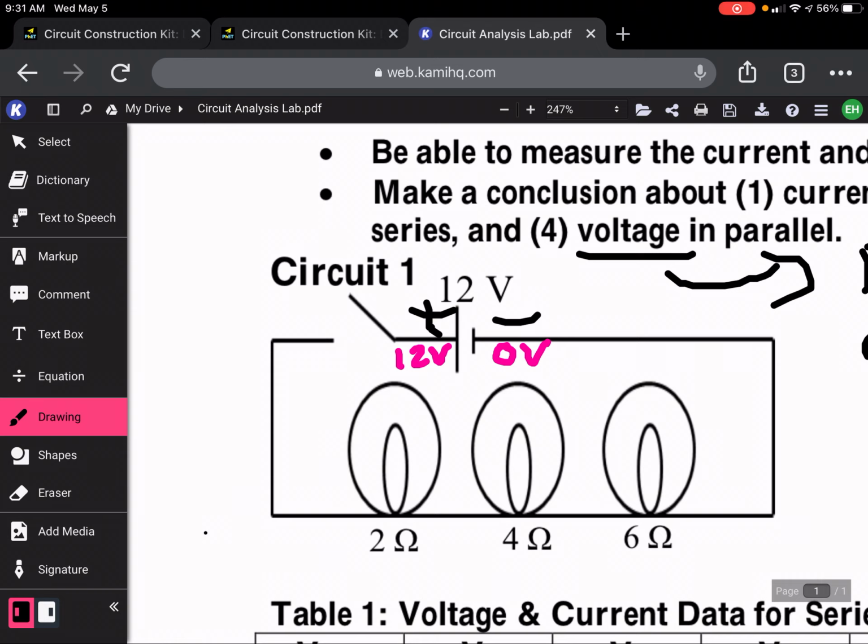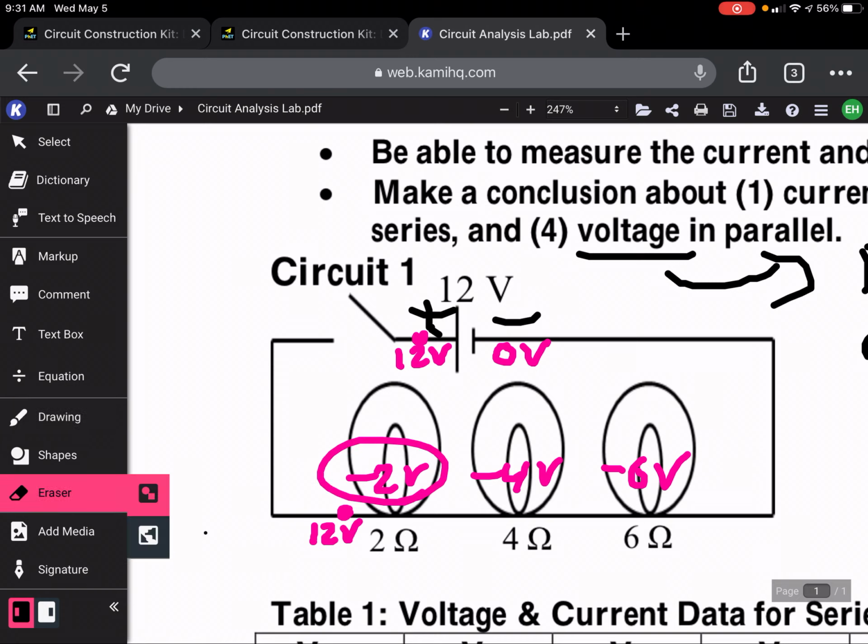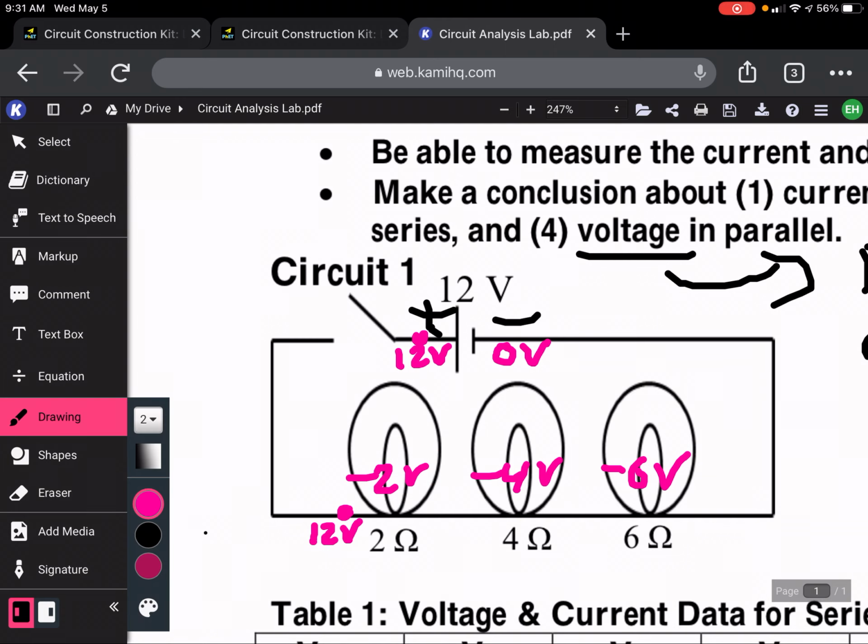Now what this means is if there were 2 volts across this, 4 volts across this, and 6 volts across this, it means you're subtracting voltage across a resistor. Now let's think about that. On this side right here, this is connected to the positive side of the battery. So there would be 12 volts of potential right here. But if you subtract 2, well, what is 12 minus 2? That means on this side there's 10 volts, right?